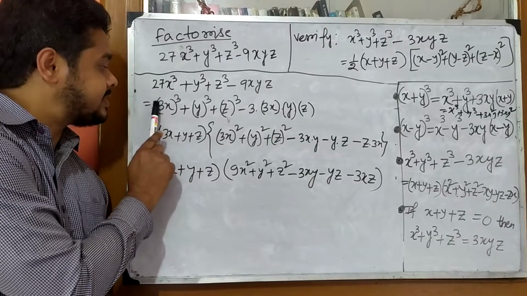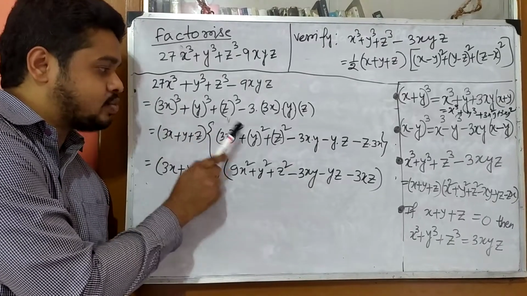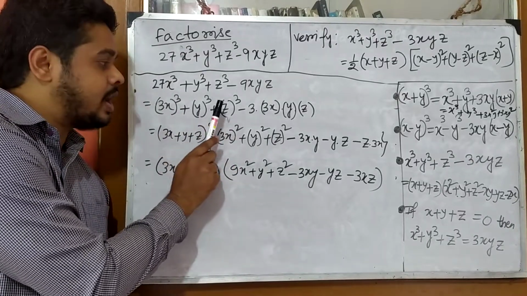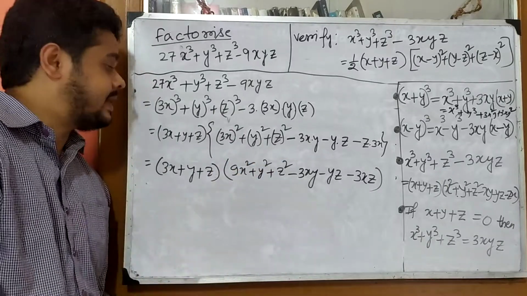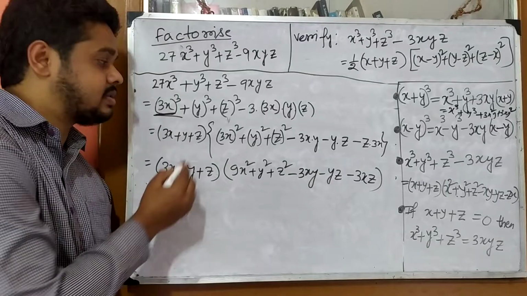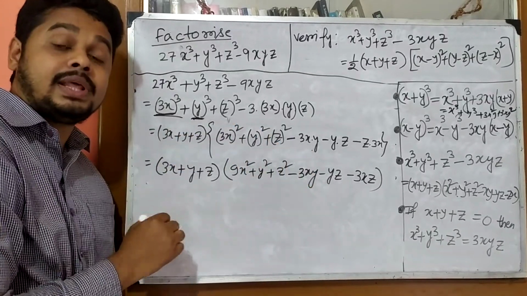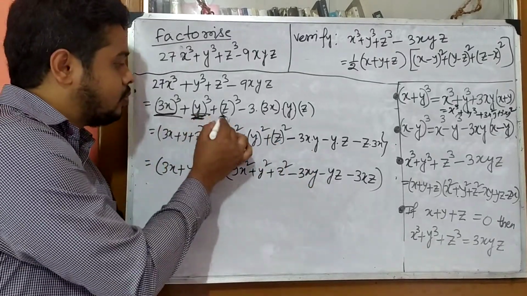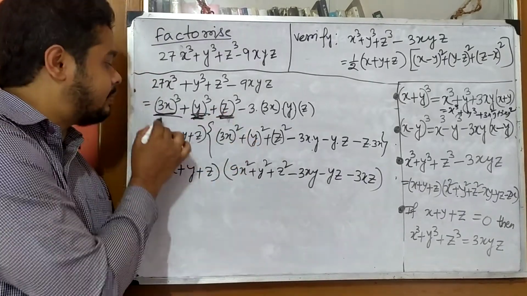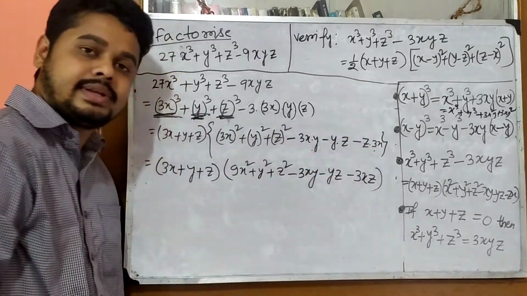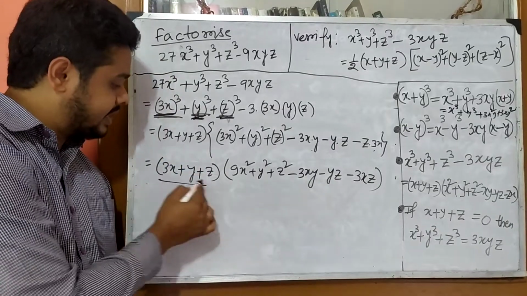After that x square means 3x whole square, plus y square, plus z square, minus xy. X is our 3x, y is y. After that yz, yz. After that zx, z is z, but x is 3x. Clear? Now that equals that.